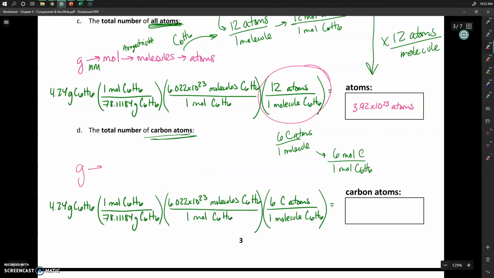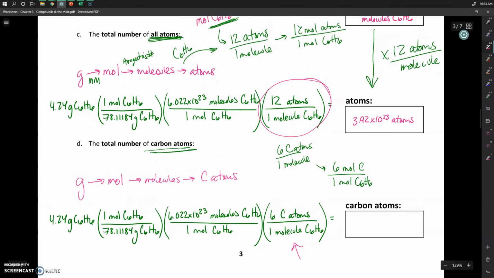So again, starting from grams, it's a very similar roadmap here, except the only difference from Part C is that we have carbon atoms instead of total atoms. And so notice the only change here is that we're multiplying by 6 now instead of multiplying by 12 like we did in the previous problem.